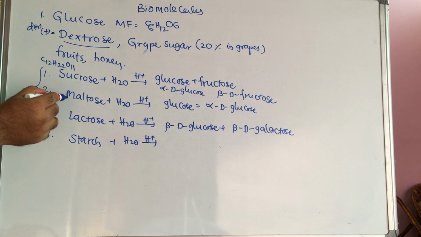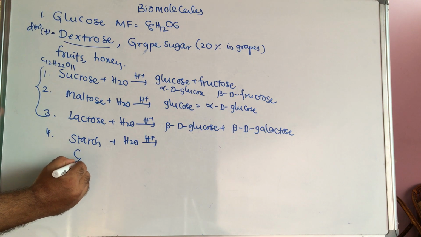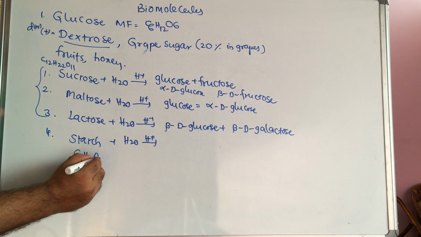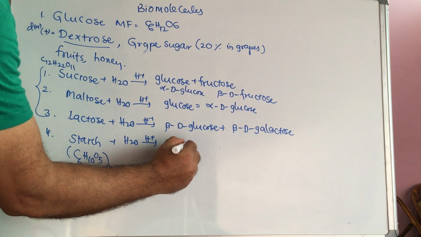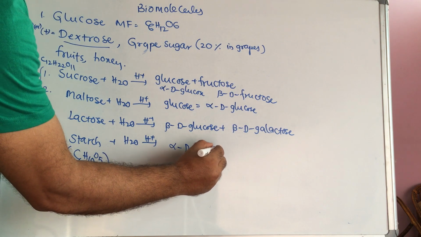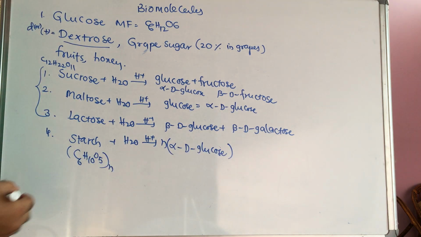They are the same, but their configurations will be different. Starch molecular formula is C6H10O5 taken n times, and it gives n number of alpha D glucose units.